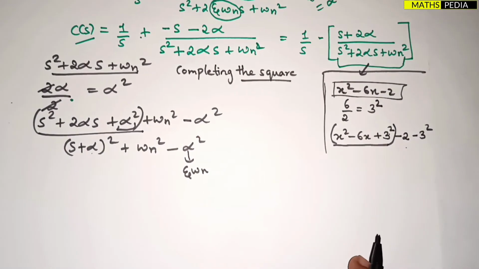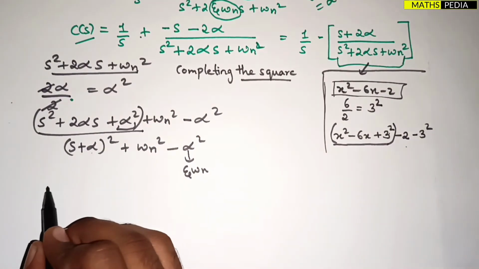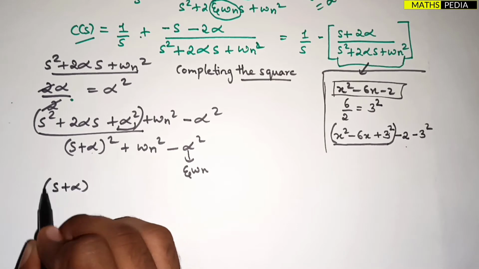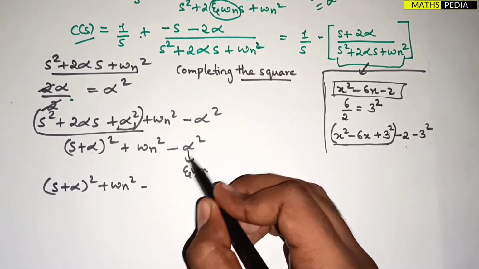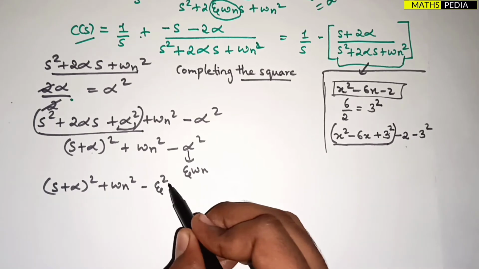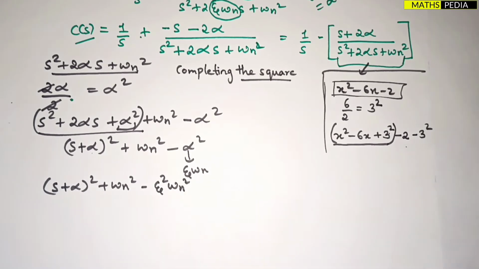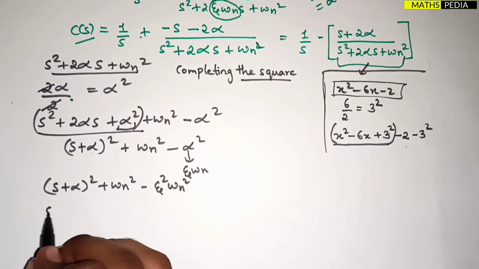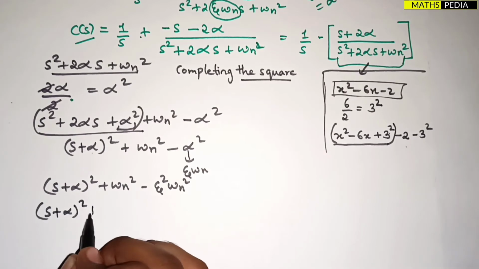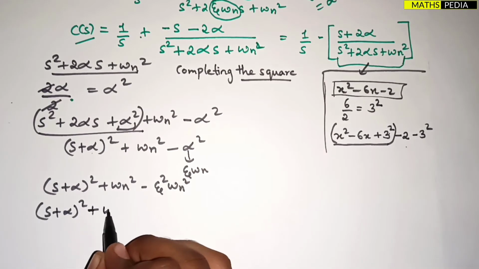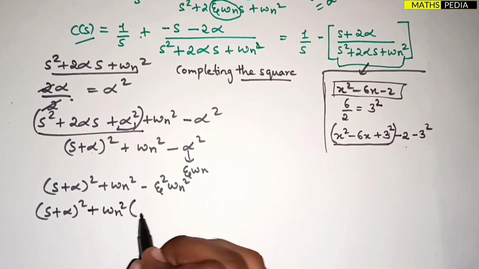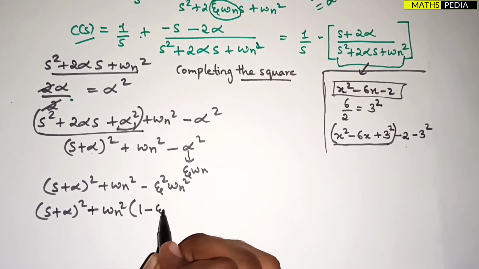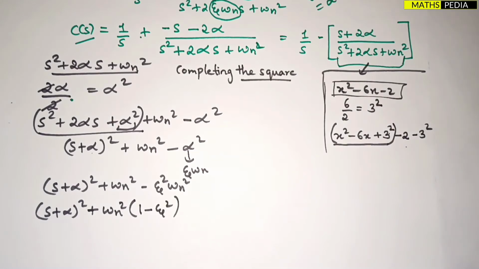So carefully see, I'll simplify this equation. s plus alpha the whole square plus omega n square minus alpha square, so it will be zeta square into omega n square. When you see this, I can take omega n square common. So what will remain? 1 minus zeta square. Correct.